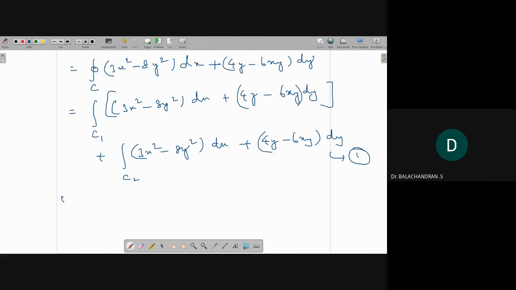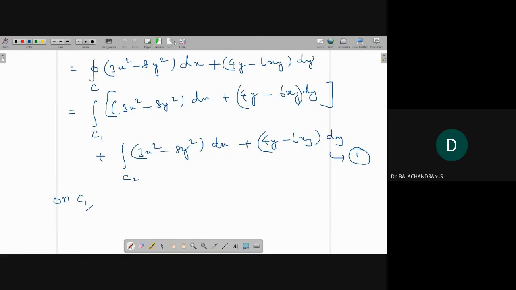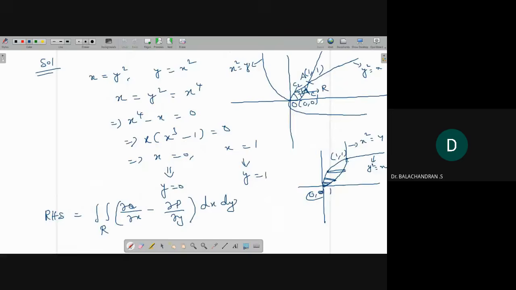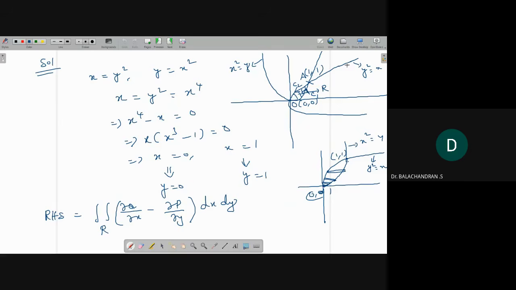Okay, first on C1, I'm going to find separately here. Can you tell what is the equation of C1? Yashashwini, what is the equation of C1? Y square is equal to x. Correct. This is actually C1.